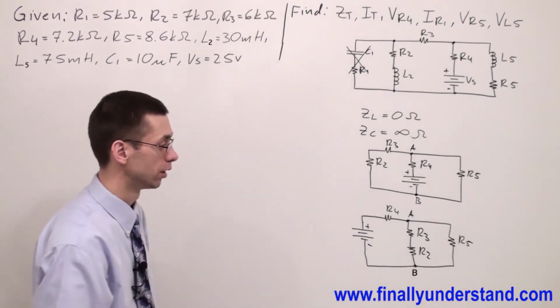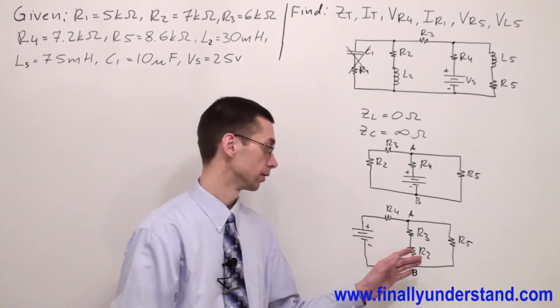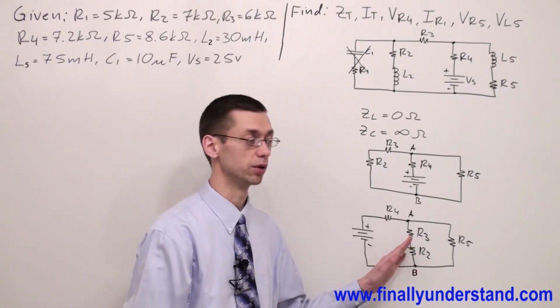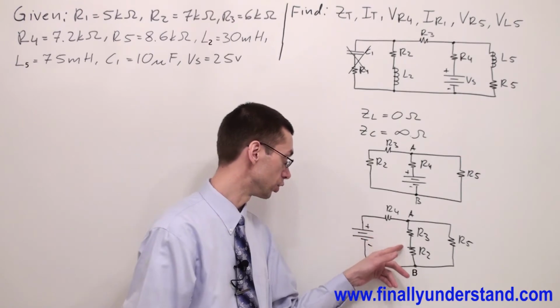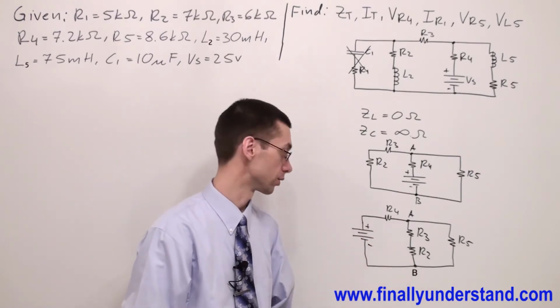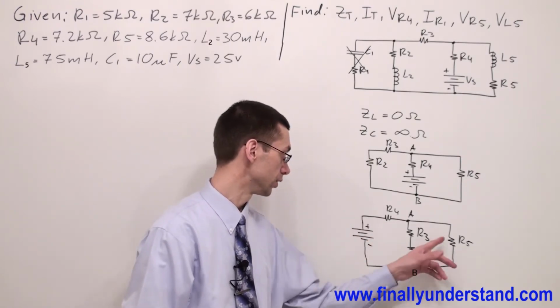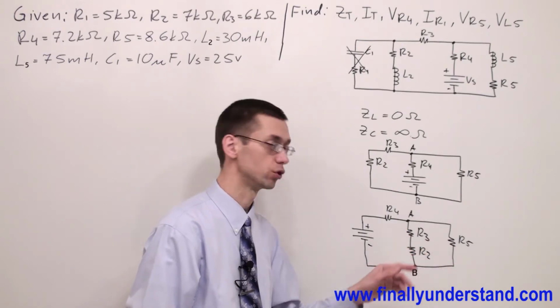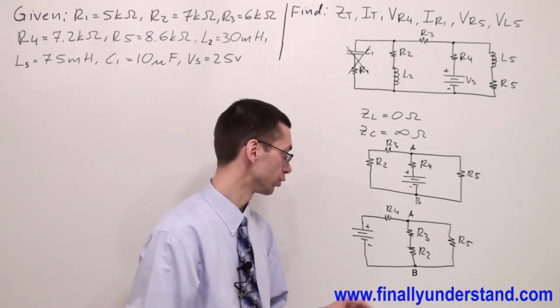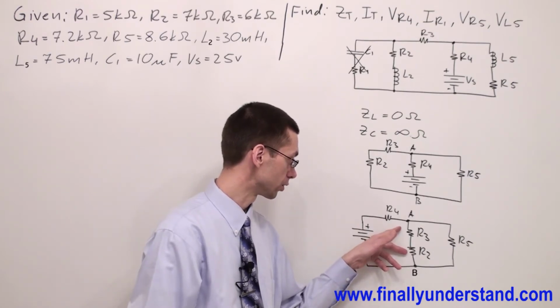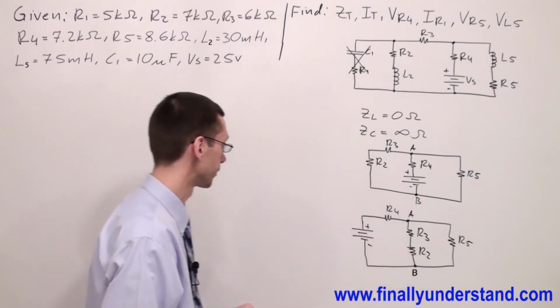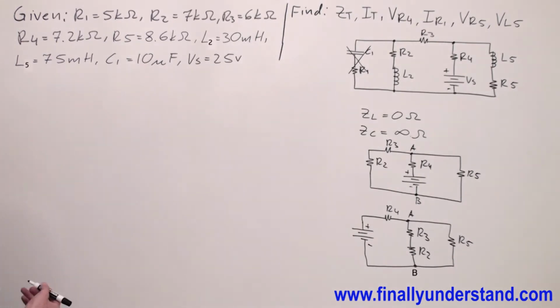So now, let's take a look at this circuit. This circuit looks much simpler than this one. We can clearly see that these 2 resistors are in series, okay? And this resistor is in parallel with these 2. So we're supposed to find the total resistance of these 2 resistors first, because we have to find Z total first.